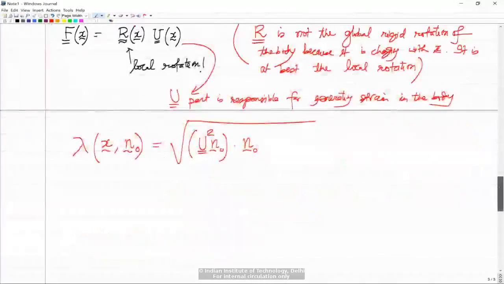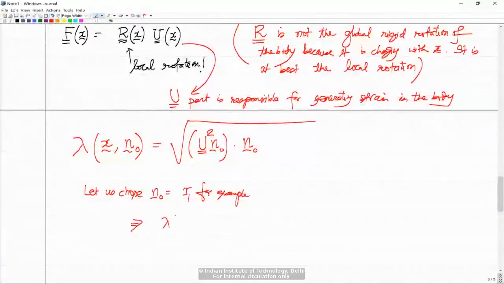So why don't we choose n naught to be one of the eigenvectors of U? So let us choose n naught equal to R1, for example, and see what we get.